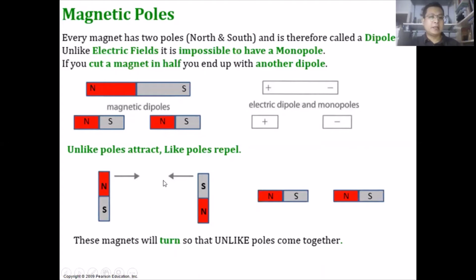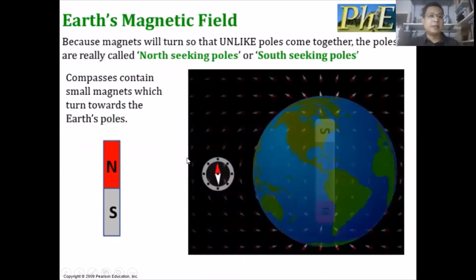If we turn and rotate it, it will also create two poles, a dipole. Actually, our Earth is also constructed by a magnetic field between the north and the south.